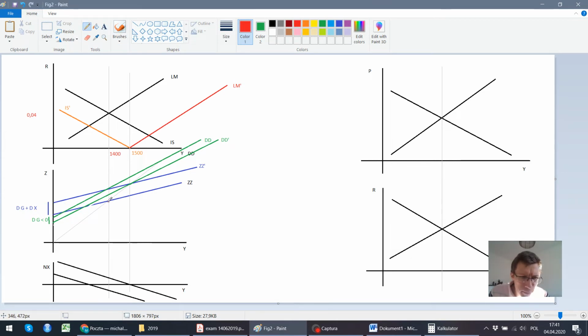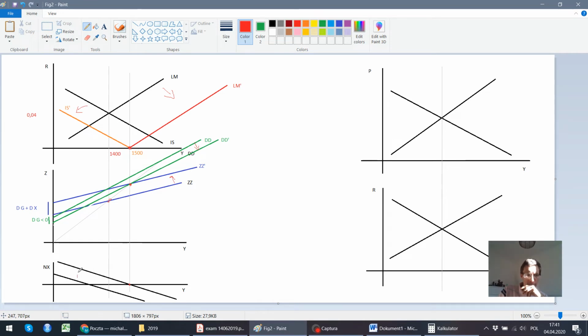So the initial equilibrium, the new equilibrium over here, so that we have zero net exports, 0 interest rates, a larger level of output, and the LM and the IS curve shifting in different directions.